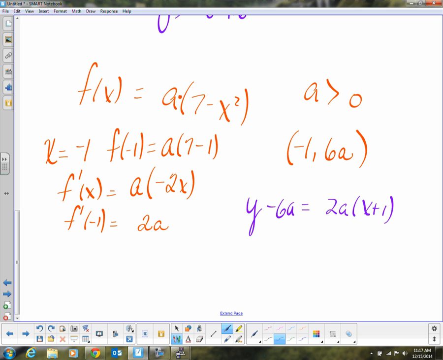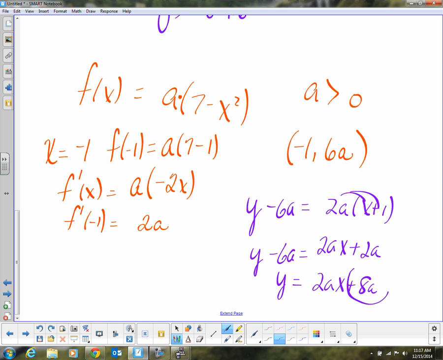Find, in terms of a, the y-intercept of the tangent line. So now I have to go further. I distribute, I get 2ax plus 2a. Now I'm going to add 6a. What is my y-intercept going to be? 8a. I just distributed and put it in slope-intercept form to find my intercept.